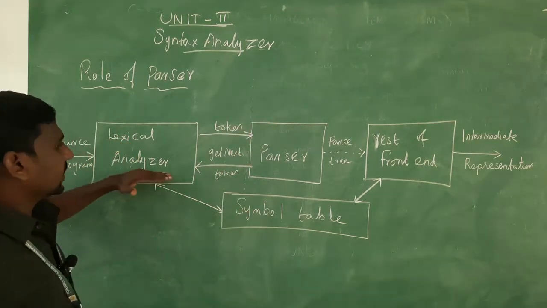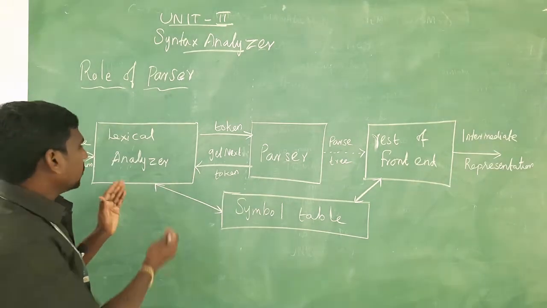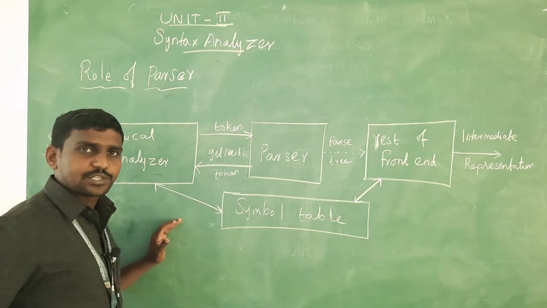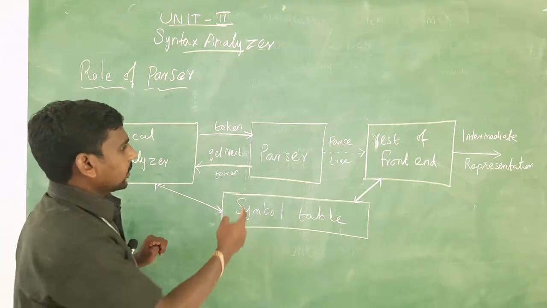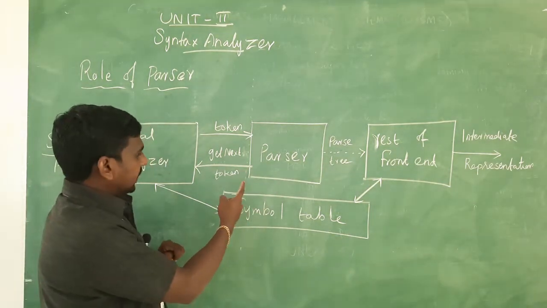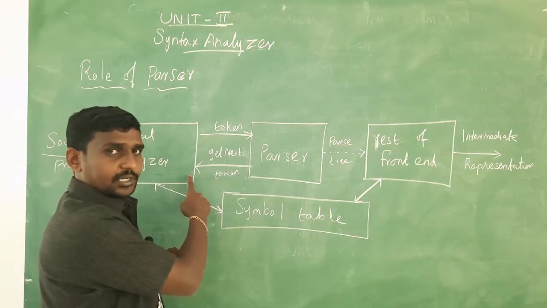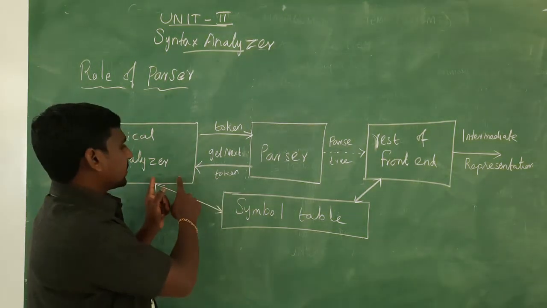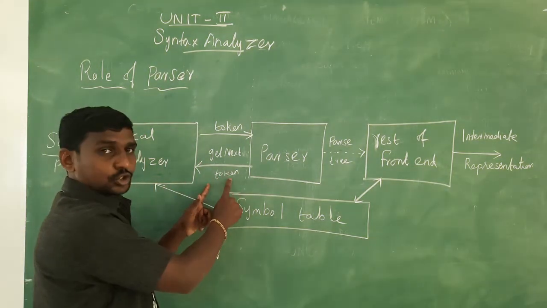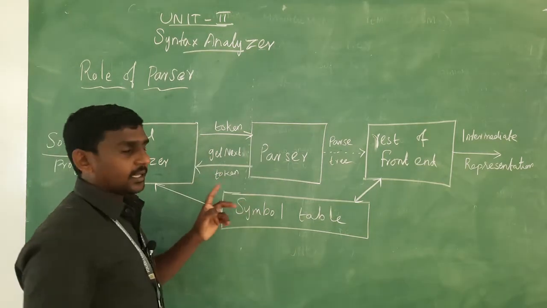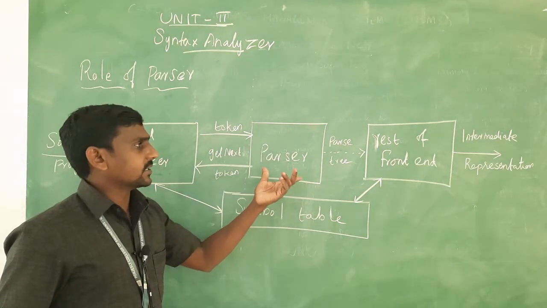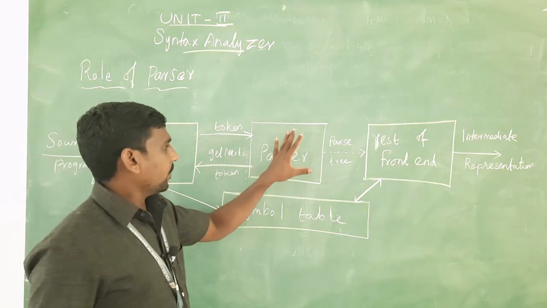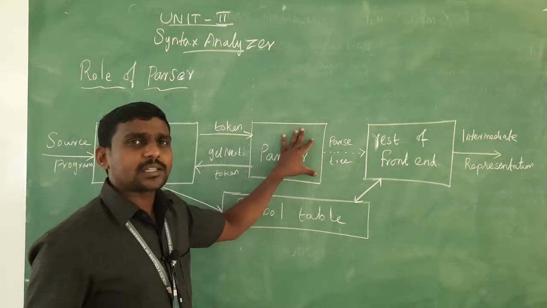Once again, it is used to convert the source program into tokens, one by one, in sequence. Whenever the parser needs a token, it gives the command getNextToken. Whenever the lexical analyzer receives getNextToken, it sends tokens to the parser one by one.